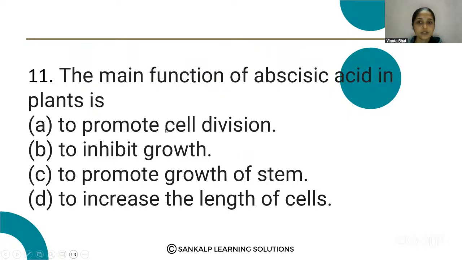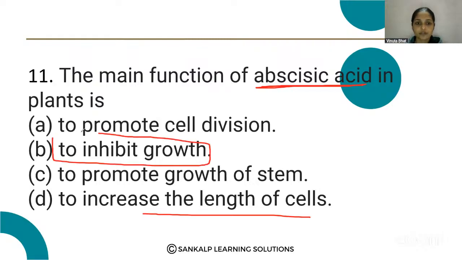Here, abscisic acid inhibits the growth of the plant. So option B, to inhibit the growth of the plant, is the correct answer.